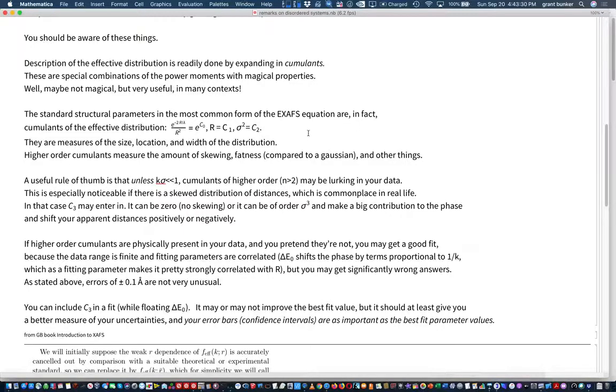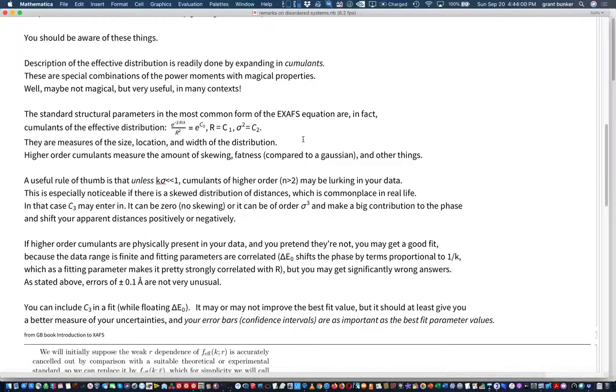Then you may be able to stick with the usual approximation in the EXAFS equation and just sum over shells. So that's fine. C0, C1 and C2 are measures of the size, basically the overall weight of the distribution, the location, the centroid, and the mean square width, the variance of the distribution.